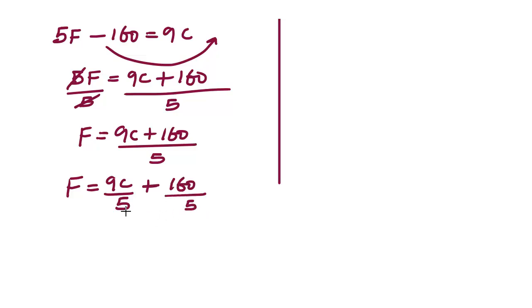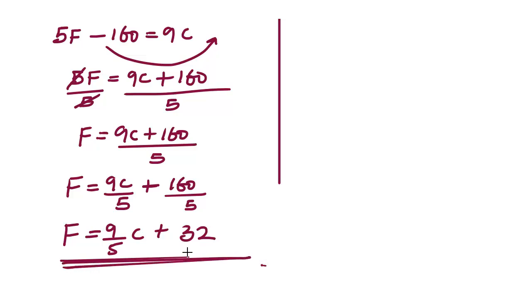That is still correct, because if I take the LCM, this 5 is common to both of them, so we can distribute the 5 to each of them to simplify. So F will now be 9 over 5 C plus 160 divided by 5, which gives us 32. So this is the correctly simplified version of F.